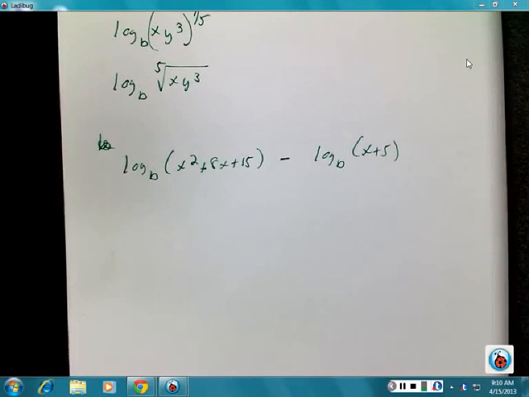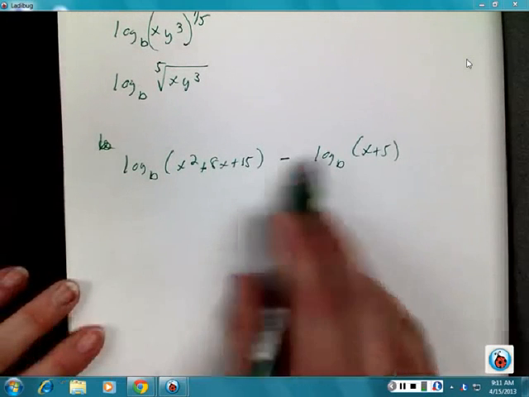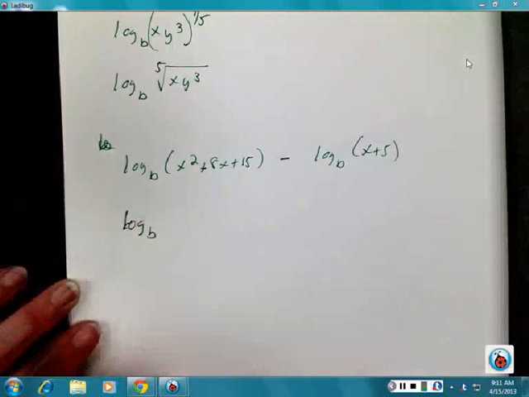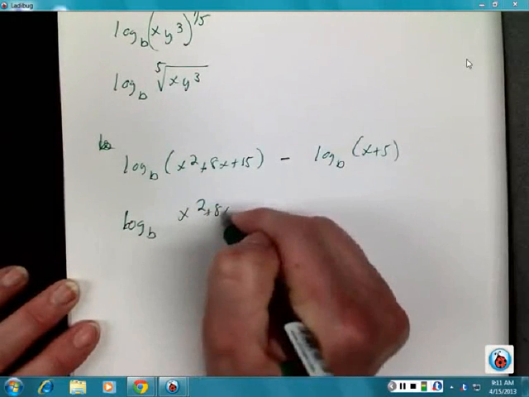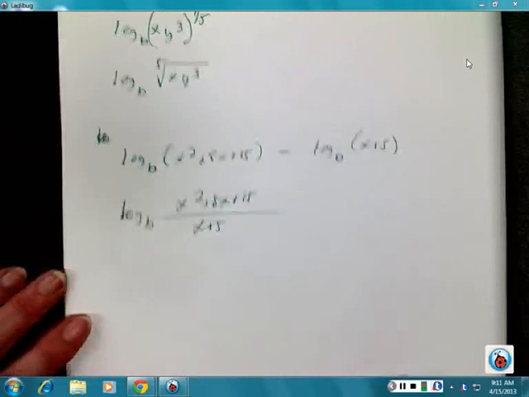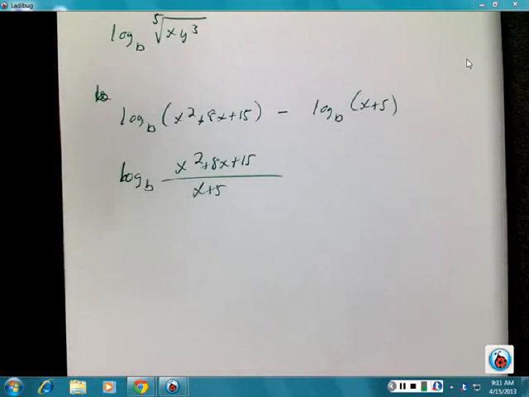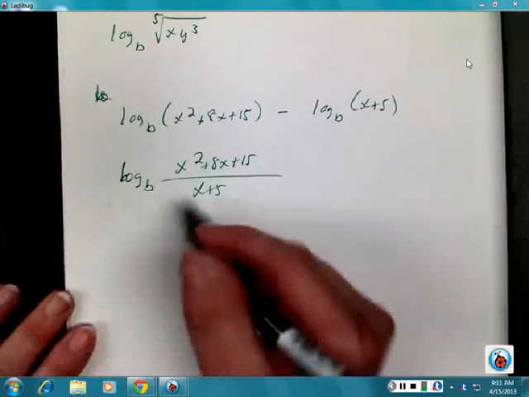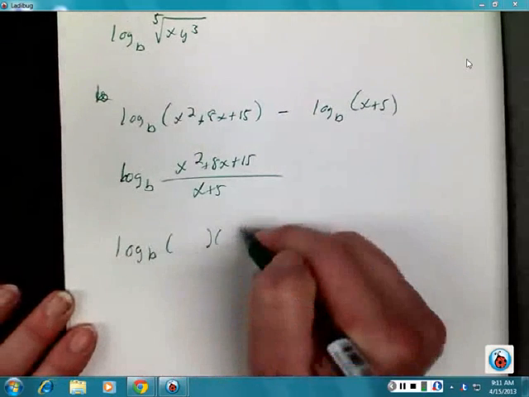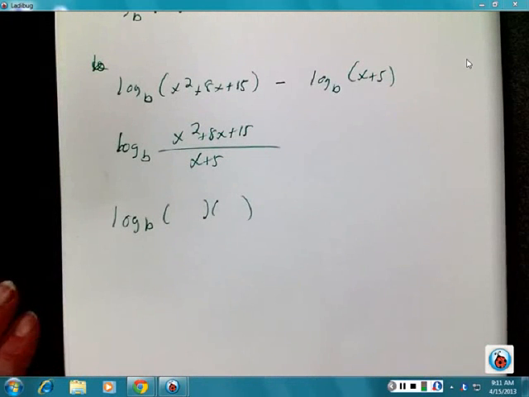Well, subtraction means I need to put it back together. So I have log b, x squared plus 8x plus 15 all over x plus 5. And in all of these cases where you run across this, that top part can be factored. But they give you a hint. What's the hint?